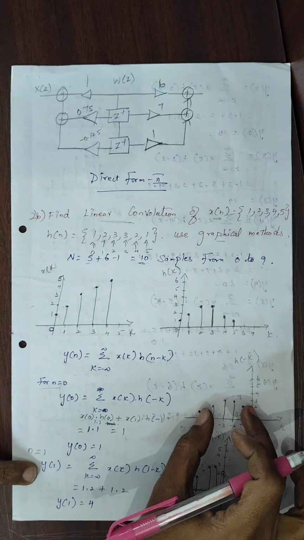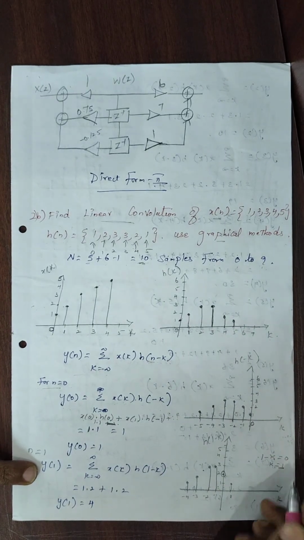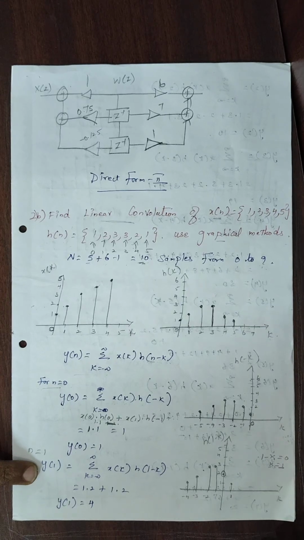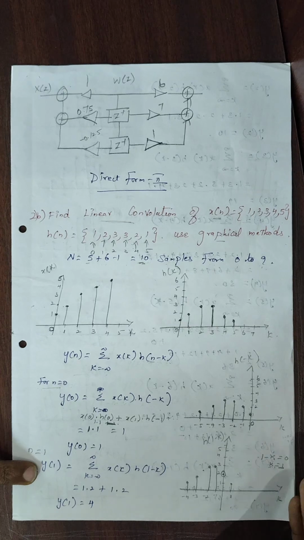So this is h of minus k and we are going to shift to the positive side because the value k is equal to 1. So k is equal to 1 means 1 time shifting.